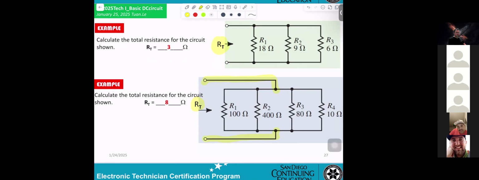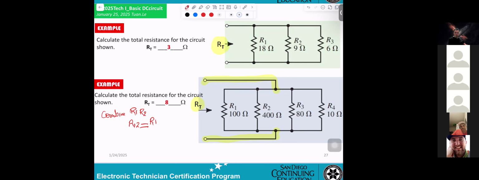So what you have to do is combine R1 and R2. You use the formula for only two in parallel.